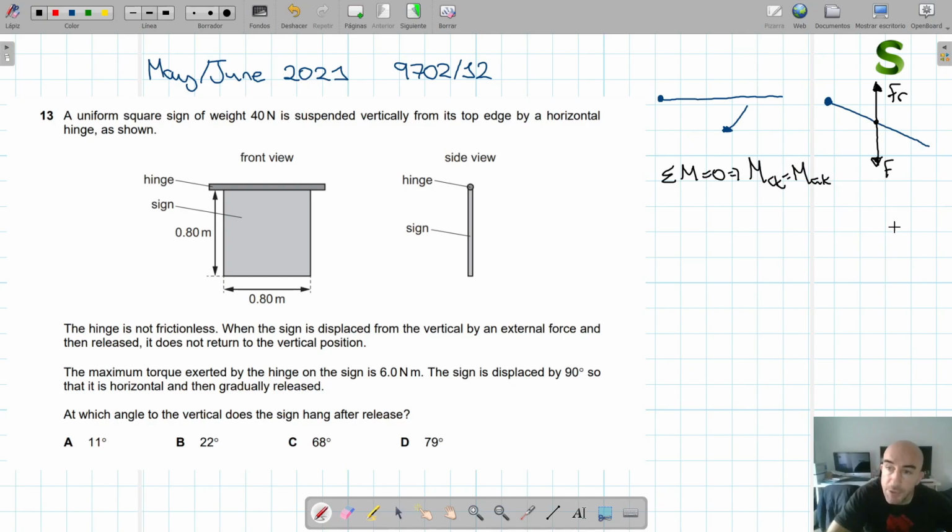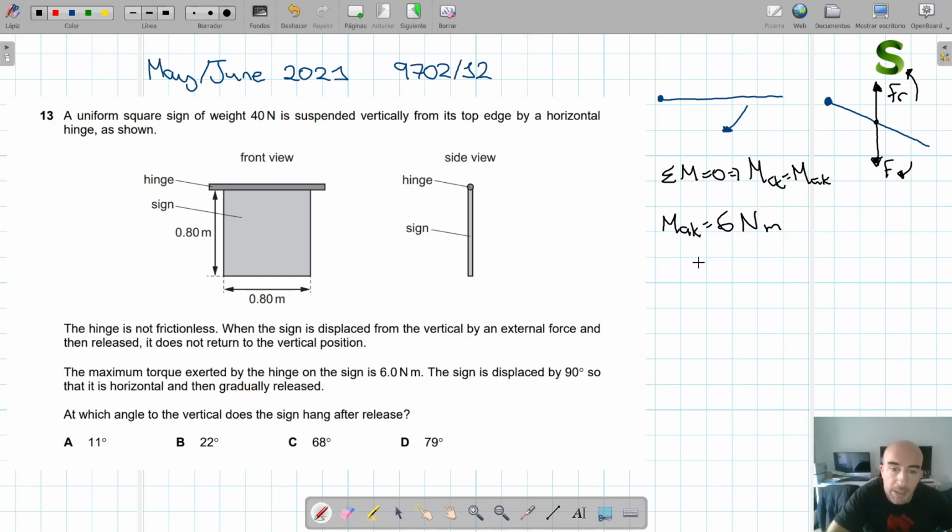Okay, so there's a force here causing a clockwise moment, which is the weight, and there's a force here causing the anti-clockwise moment, which is the friction. One of the most difficult things to understand in this exercise is that the torque exerted by the hinge is 6 newton metres, so that is the moment exerted by the friction. Okay, so the moment anti-clockwise is going to be 6 newton metres.